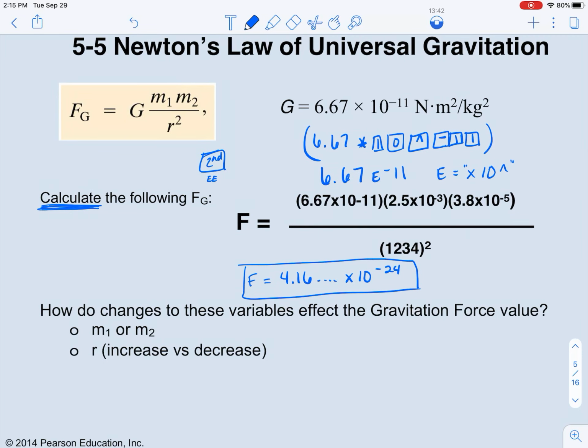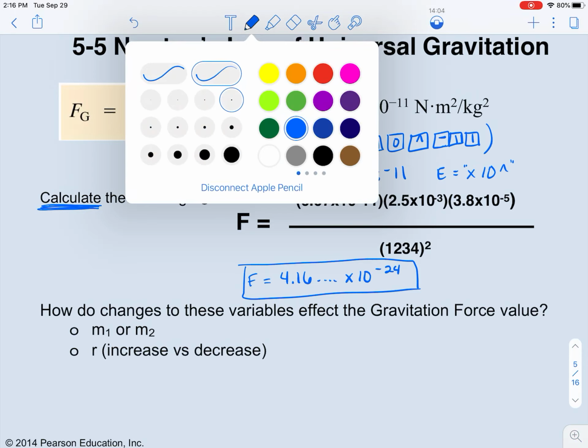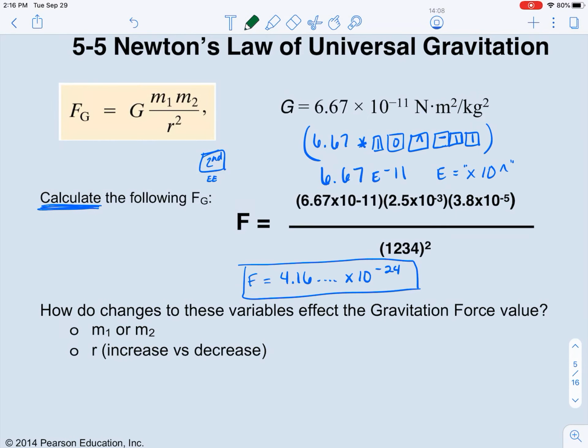All right, let's look at the last little bit of information I have here on this slide. How do changes to these variables affect the gravitational force value? So if we ask you conceptually to look at this equation, Fg equals GMm over r squared, and I ask you to change your mass, let's say we take the mass of one of our objects and double it.